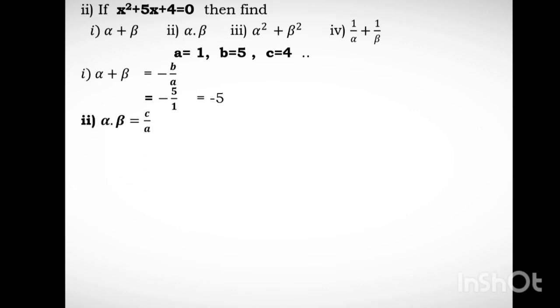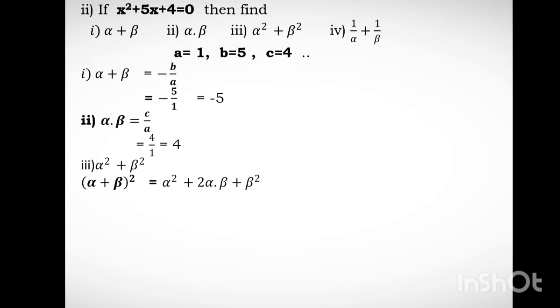Okay, let's go ahead. Alpha into beta, the product of roots, is given by c by a. Just substitute the values of c and a. C is 4 here and a is 1. So you will get 4 by 1, which is equal to 4. The third quantity we are going to find is alpha square plus beta square. As we discussed earlier, we need to expand alpha plus beta whole square.